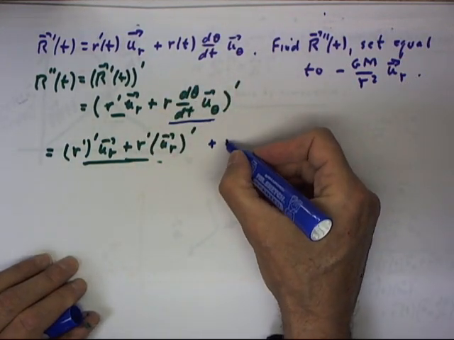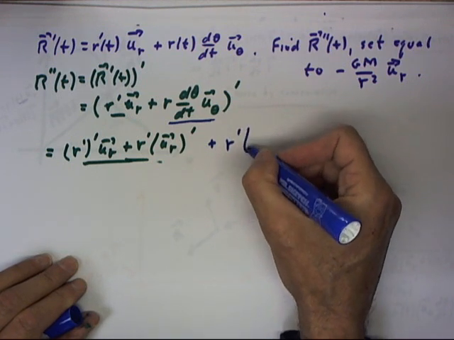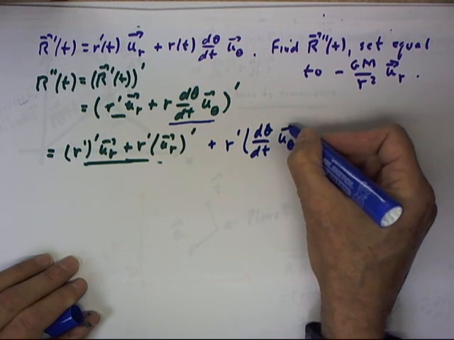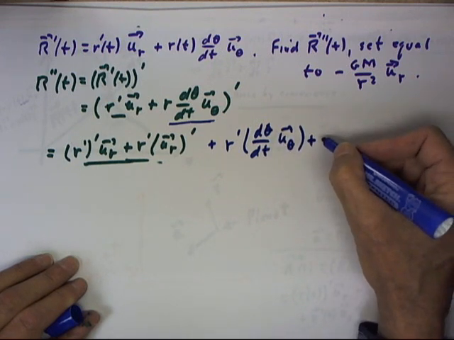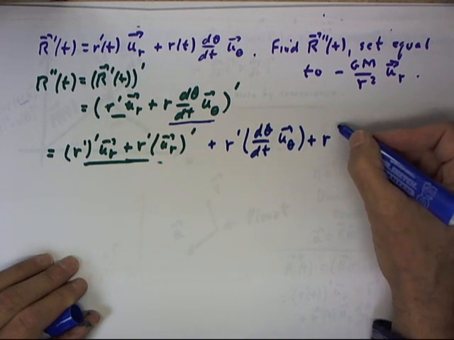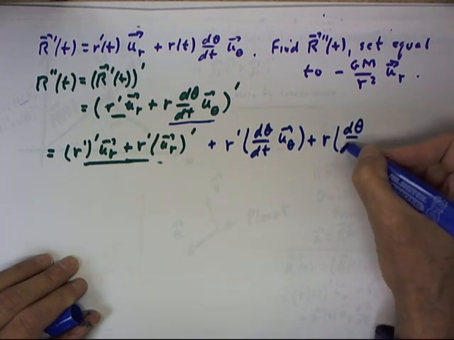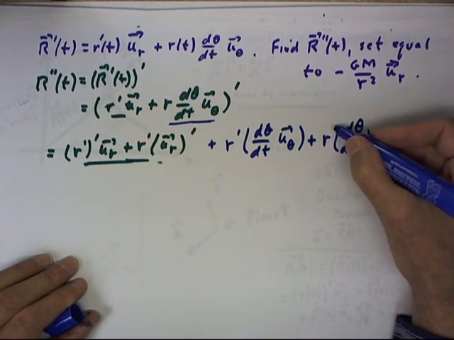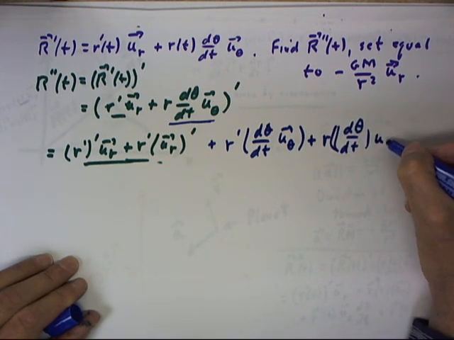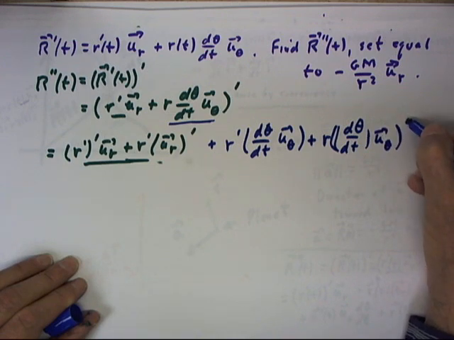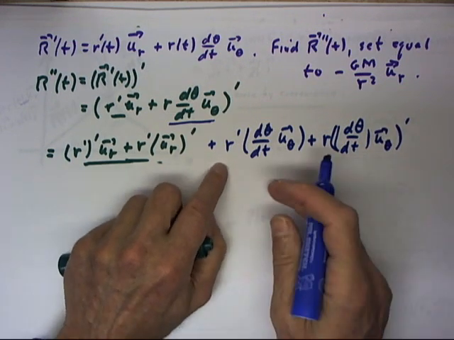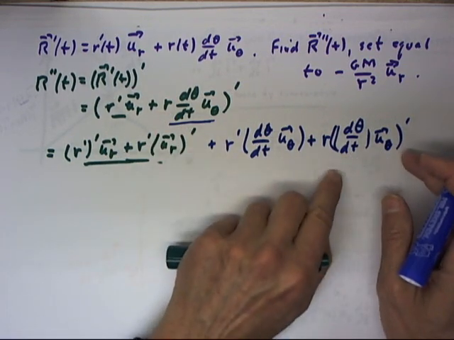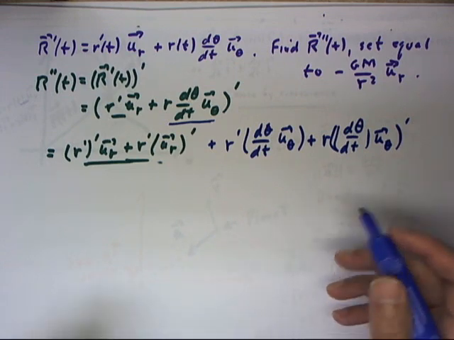So the product rule gives us the expression: the derivative of the r function times the rest of the function plus the r function times the derivative of the rest of the function.